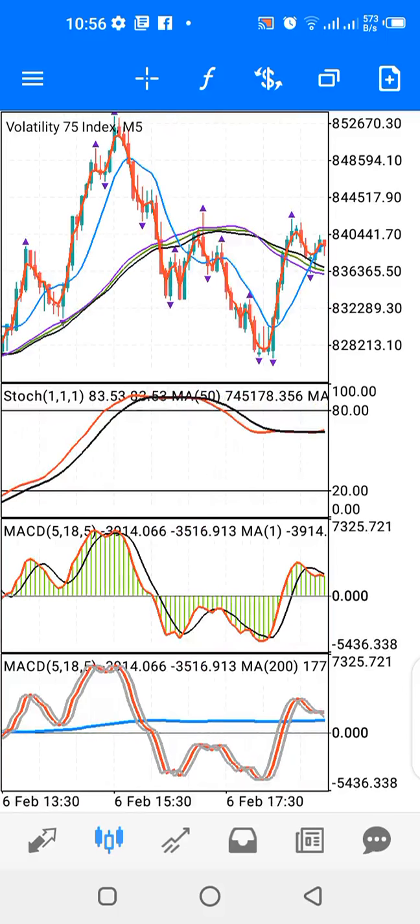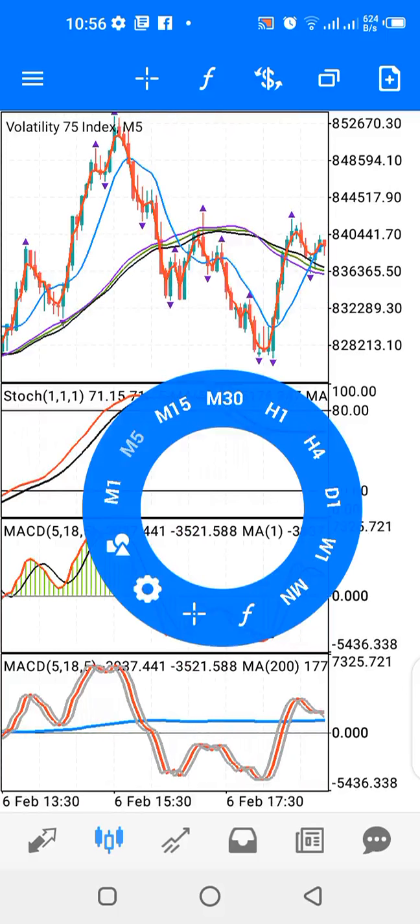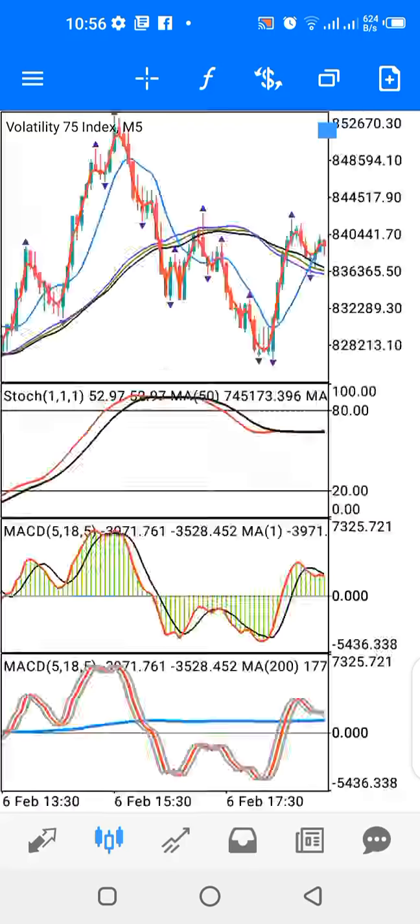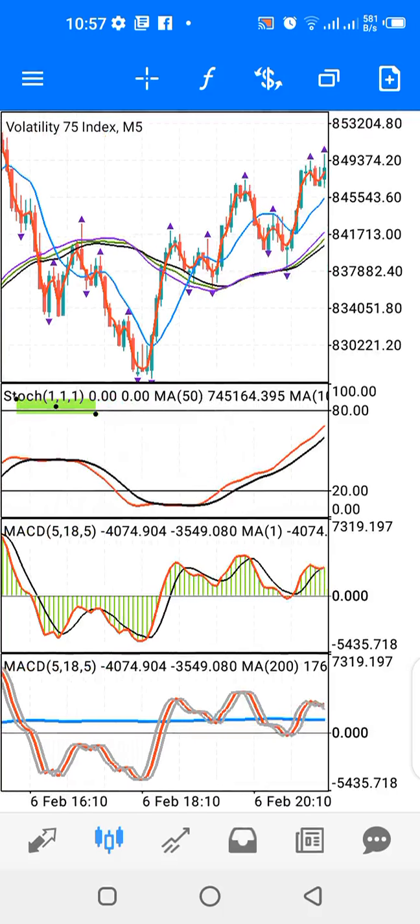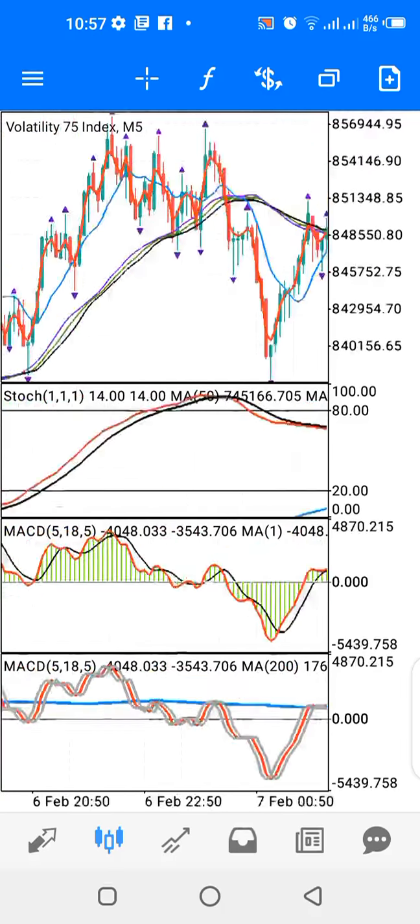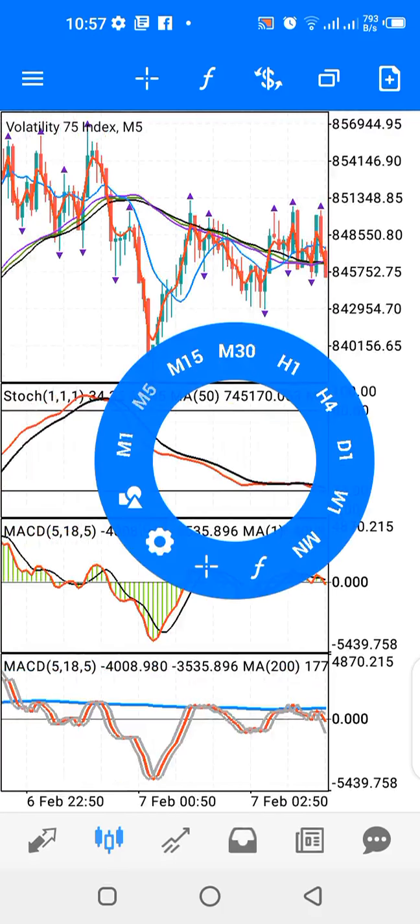But for the signal on the indicator window one, if the red line crosses down on the black line above the 80 level on the stochastic indicator, you have a sell signal. Like you have a sell signal here.